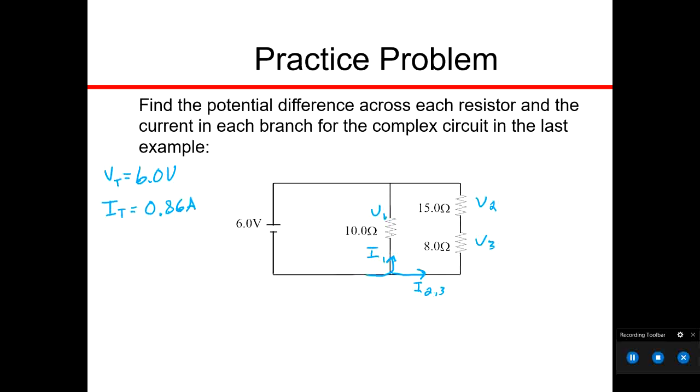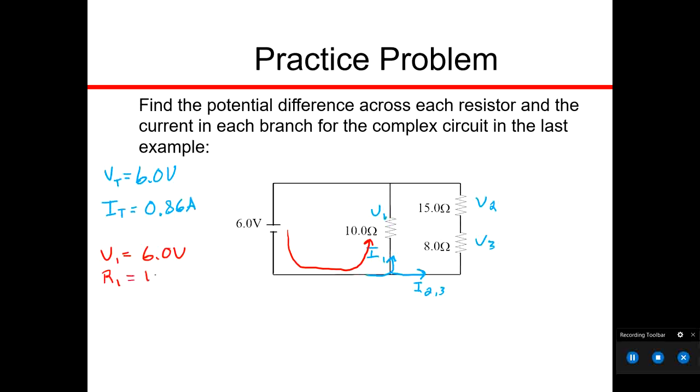Okay, so let's start with current 1. So the voltage here, V1, okay, we know that since this is 6 volts, our total, it's passing through one branch. So since it's going through this branch according to Kirchhoff's law, since it's only passing through one resistor, that means V1 must be equal to also 6.0 volts.